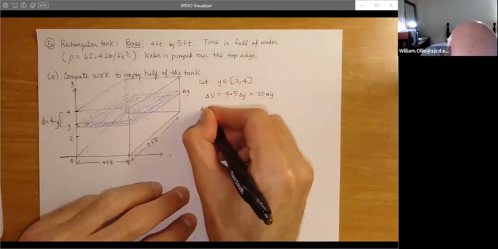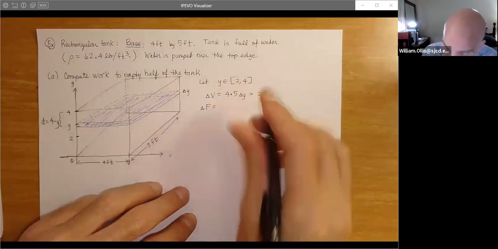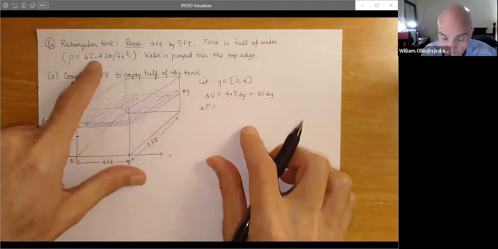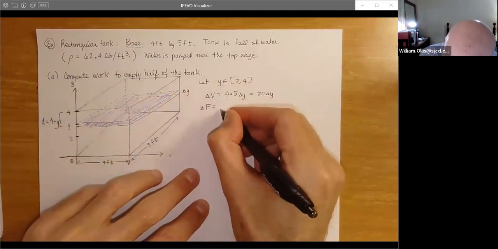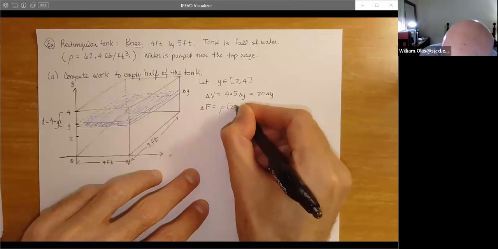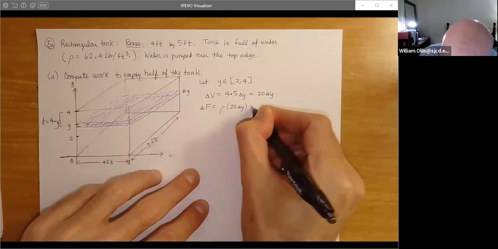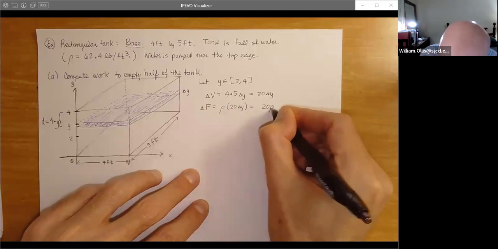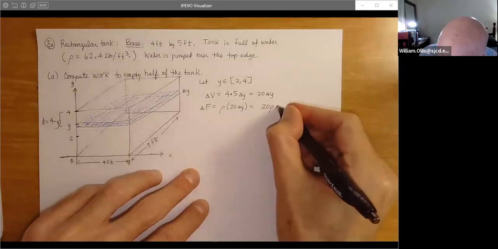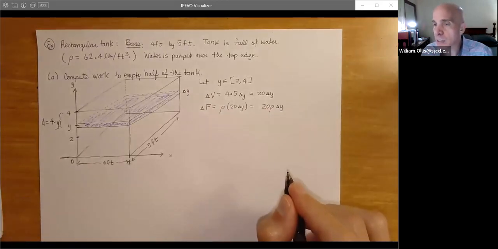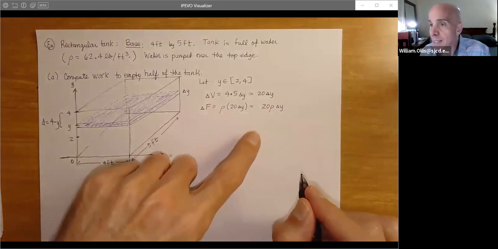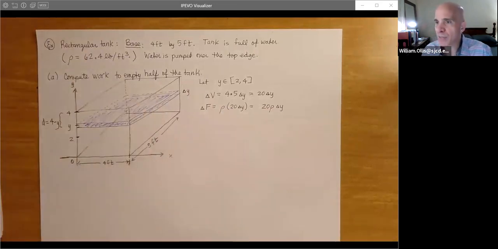And then we say, well, what's the force exerted by this particular slab of water? Well, it will just be the weight density times the volume. So we have in this case, rho times 20 delta y. And then we can just write that as 20 rho delta y. Again, when you're doing your computations, write the weight density as rho. Don't just write the number until you get to a point in the calculation where you can substitute it and then compute.